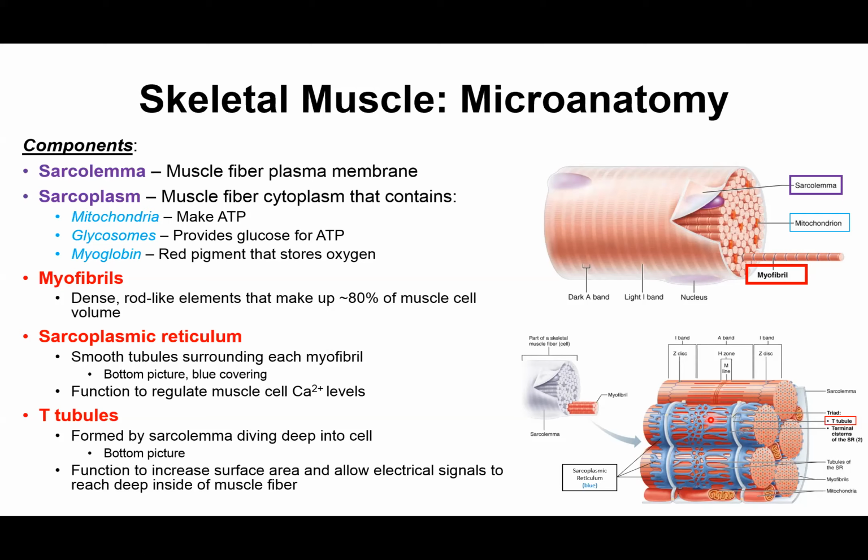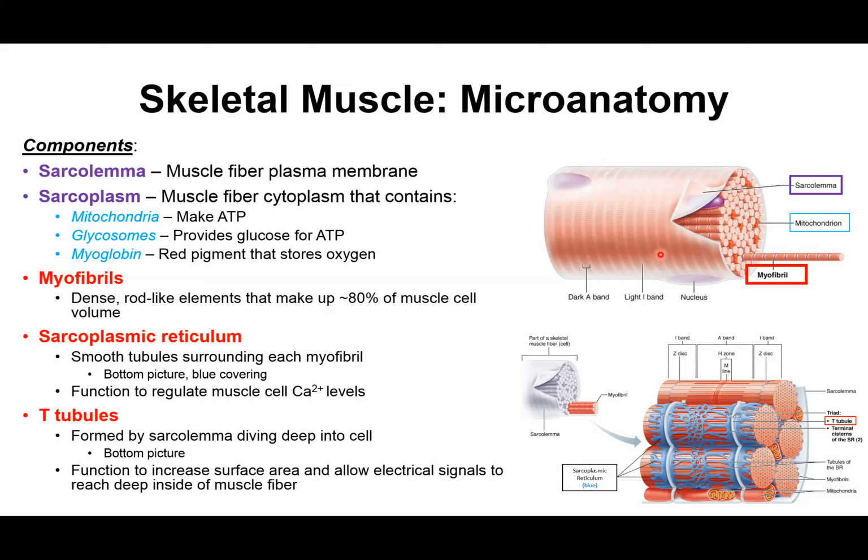Embedded within the sarcoplasmic reticulum, we have these things called T-tubules. And the T-tubules are these lighter blue, whitish looking structures coming down through the sarcoplasmic reticulum. And they're formed by the sarcolemma up here diving deep into the cell. Okay, so you can imagine this sort of clear layer up here, the sarcolemma.